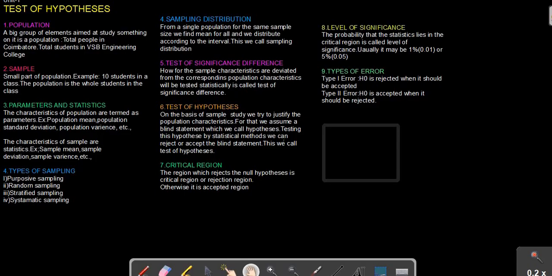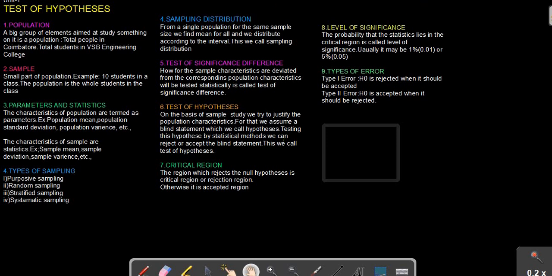The fourth step is comparison of the calculated value and the table value, and the last one is conclusion. All this together we call the test of hypothesis. That's what we have to understand.